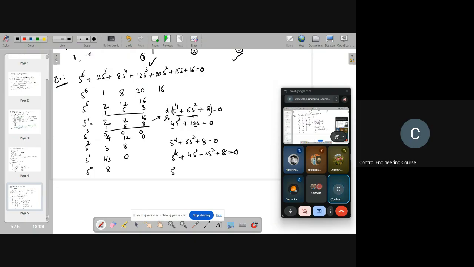That means s square into s square plus 4 plus 2 into s square plus 4 equal to 0. That means s equal to plus or minus 2j and plus or minus square root 2 j. So the roots are on the imaginary axis for this auxiliary polynomial. So we say that this system is marginally stable.